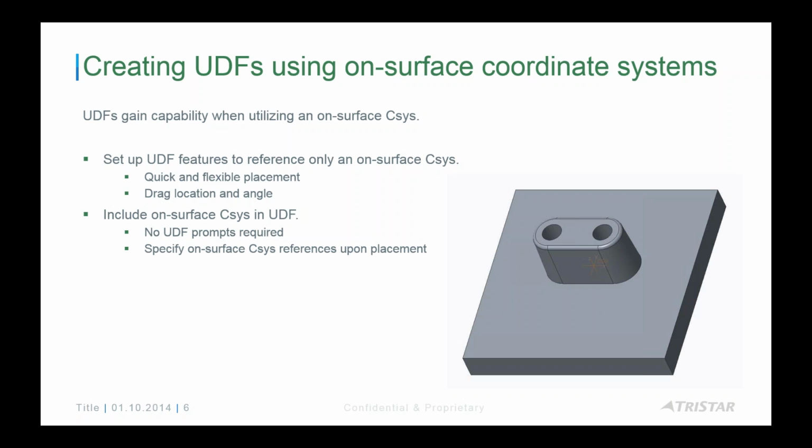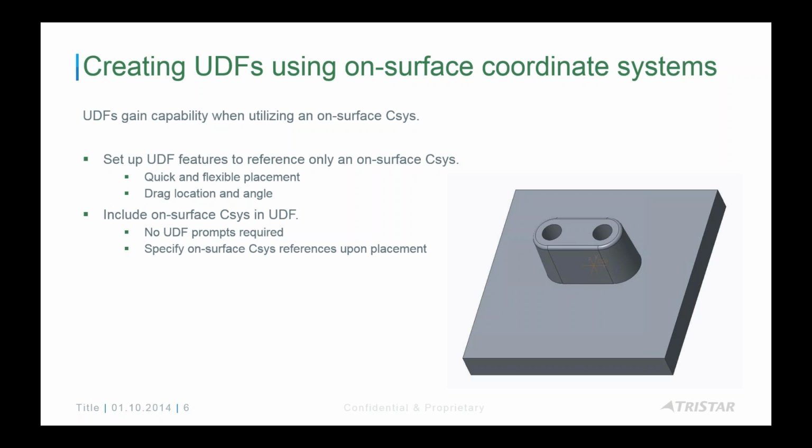If we choose to define the coordinate system during the placement of the UDF, we can then drag the location and the angle of the coordinate system. When we do this, no prompts are required, and we would specify the on-surface coordinate system upon placement.